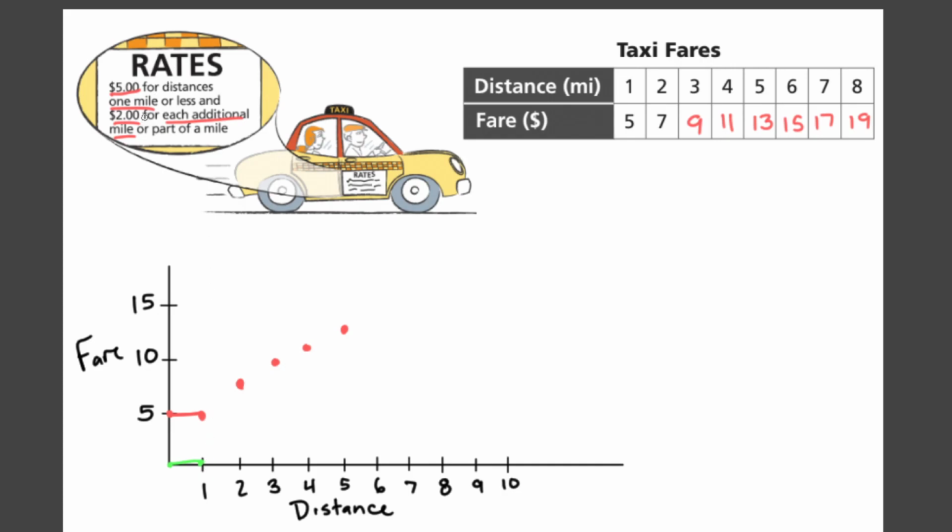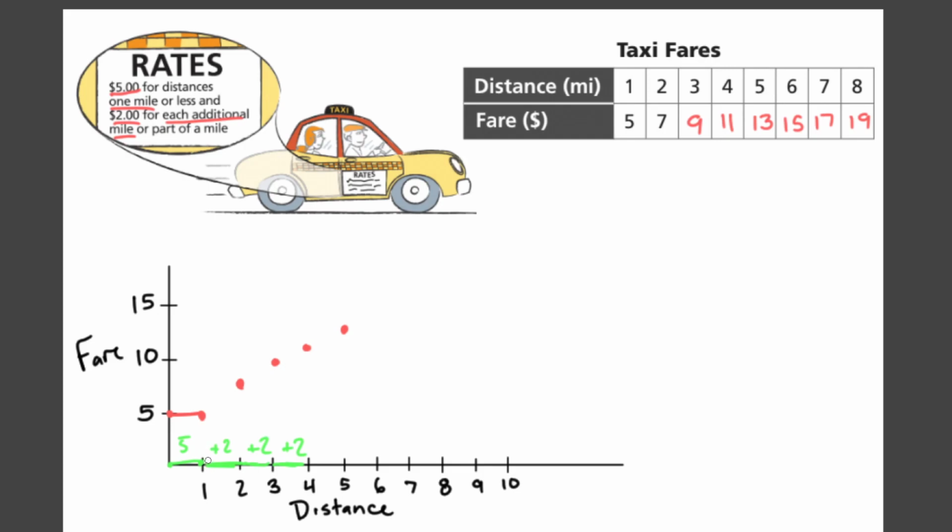Remember, it is 1 mile or less, so the second it goes above 1 mile, this whole distance from 1 to 2, it automatically adds the $2. Notice it's not adding any quarters, any cents, so it is a full $2 amount.